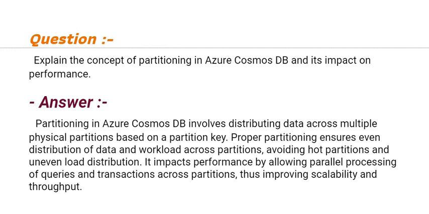Proper partitioning ensures even distribution of data and workload across partitions, avoiding hot partitions and uneven load distribution. It impacts performance by allowing parallel processing of queries and transactions across partitions, thus improving scalability and throughput.